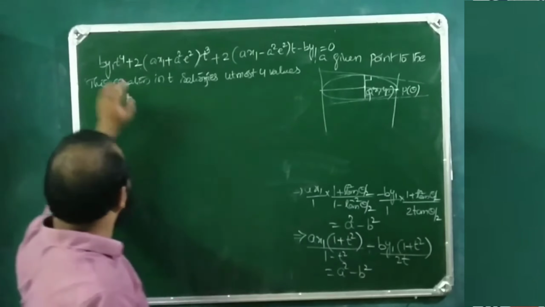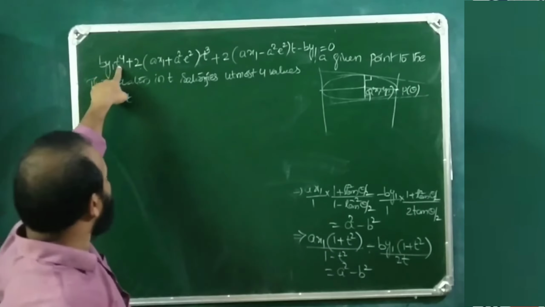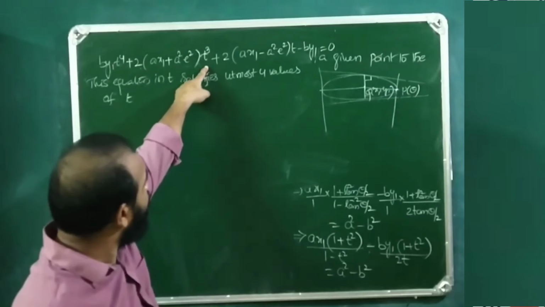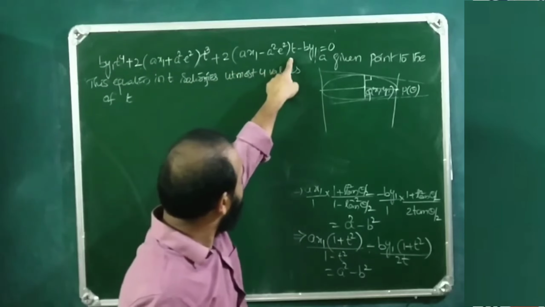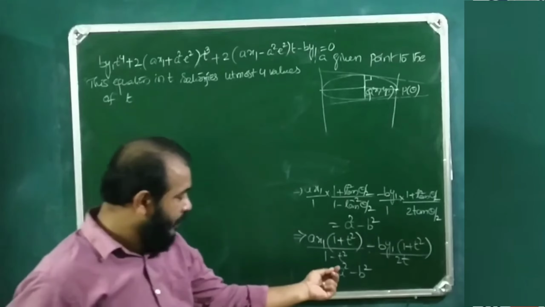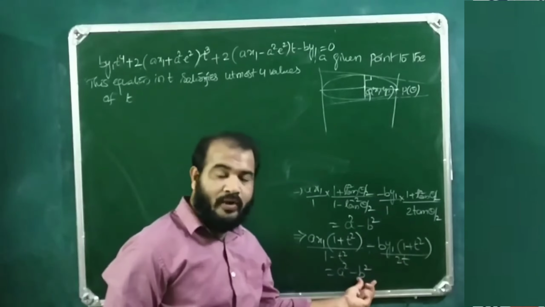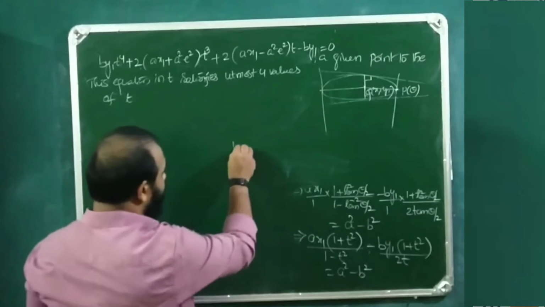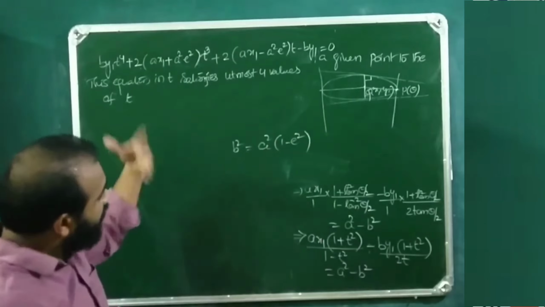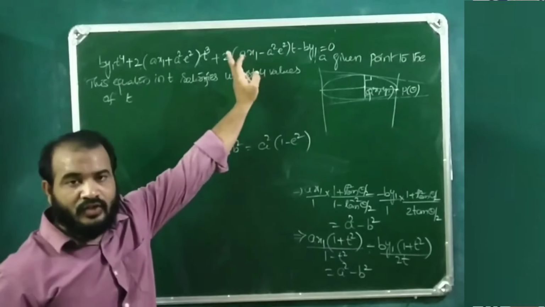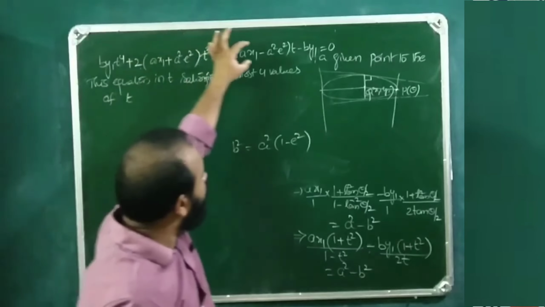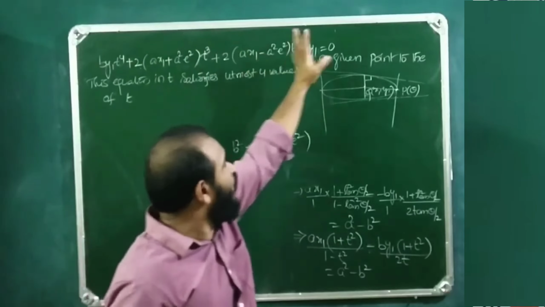On simplifying, we will get by1 into t power 4 plus 2 into ax1 plus a square e square into t cube plus 2 into ax1 minus a square e square into t minus by1 equals to 0. Wherever we get b square, it can be written as b square is equals to a square into 1 minus e square. If you substitute that, this is what we will be getting. So this is t power 4, t cube, t square is absent, t and constant equals to 0.